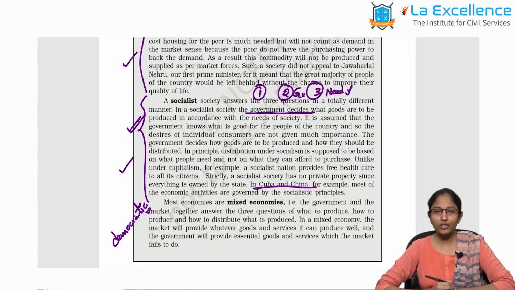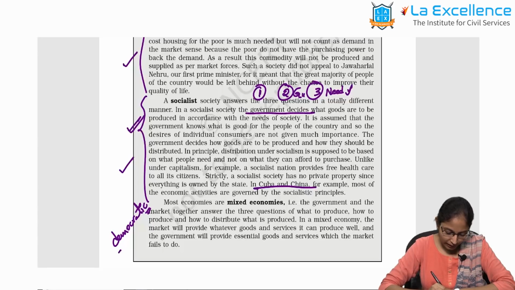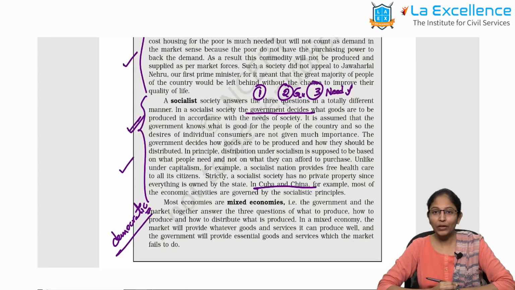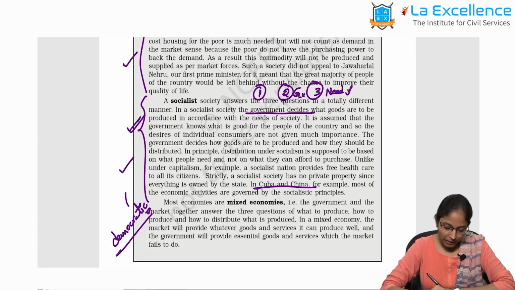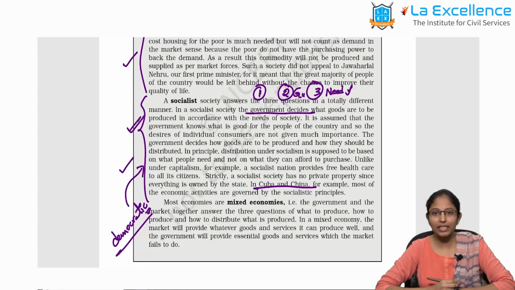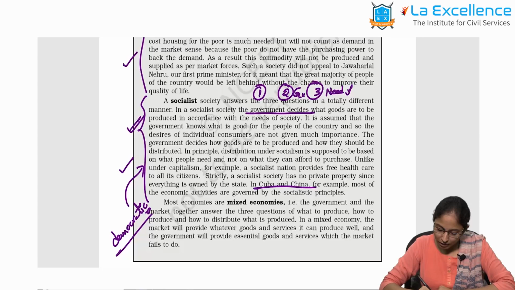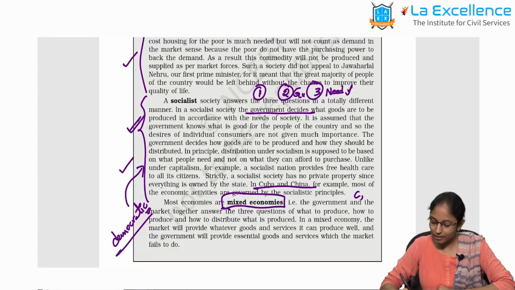Because of our political system of democracy, we cannot implement the complete socialistic model of economy. So Indian leaders decided that we'll go for mixed economic model, wherein we take the advantages of both the capitalistic system and the socialistic system.